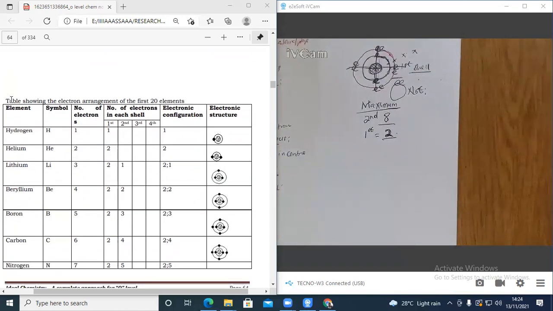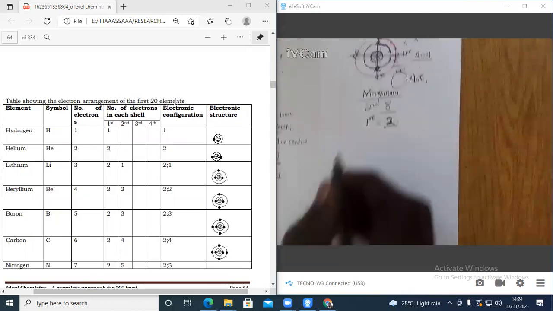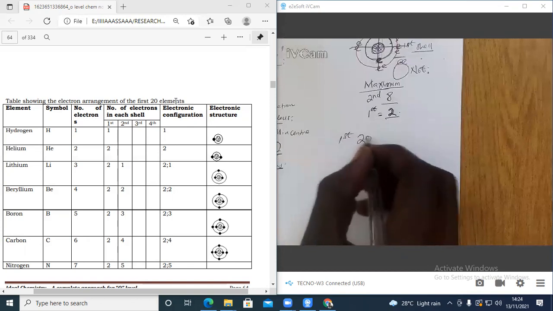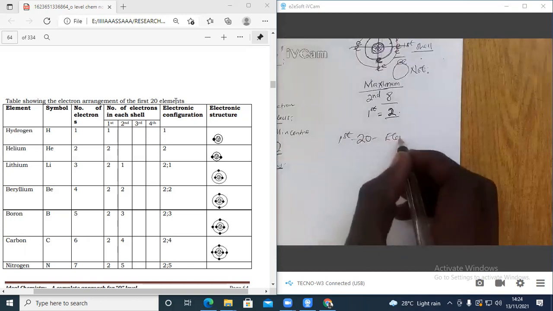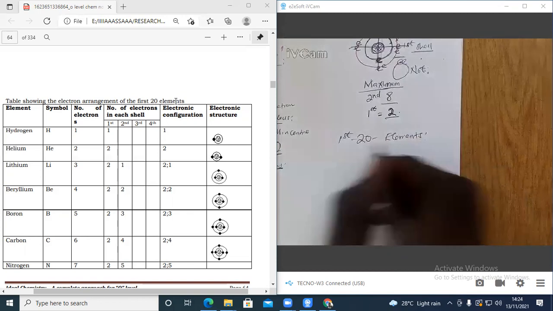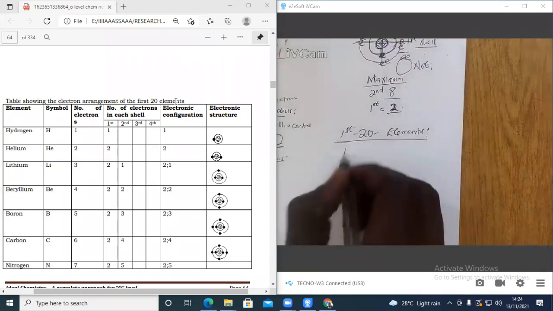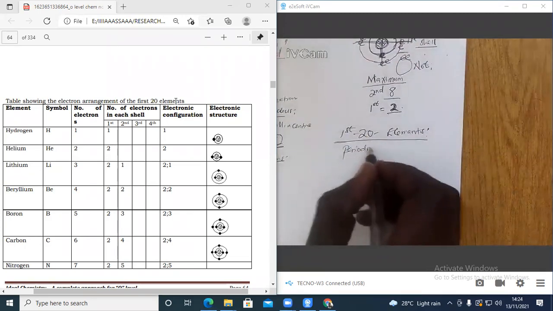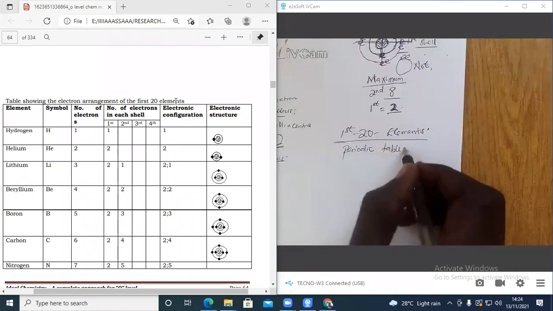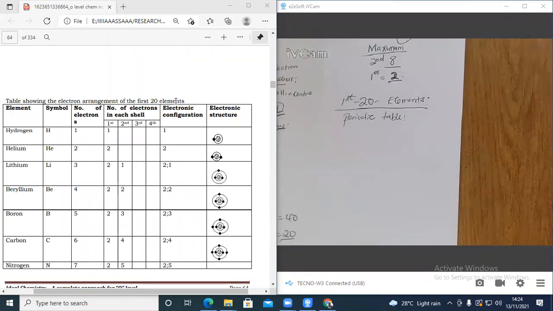So the table below shows the arrangement of electrons of the first 20 elements. Where do you find those elements? In the periodic table. Okay. Good.